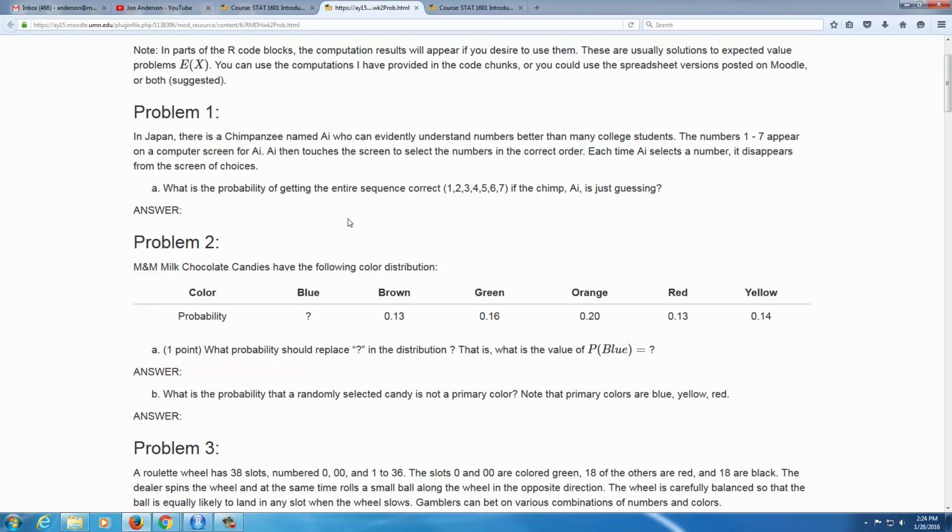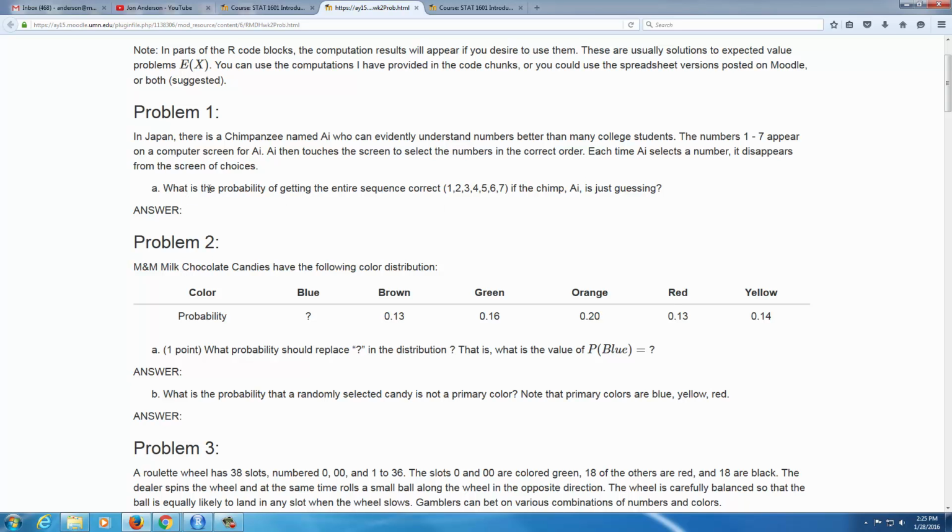And so the question is, what's the probability that the chimp will touch the number 1 first, and then number 2, and then number 3, and then 4, 5, 6, and 7 in the right order? Remembering that every time the chimp touches a number, the number that's touched goes away.